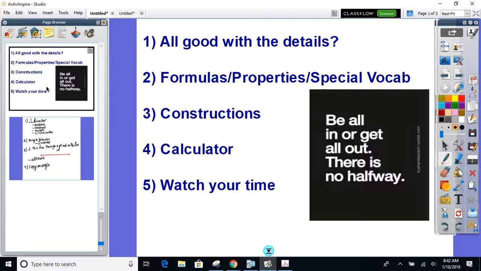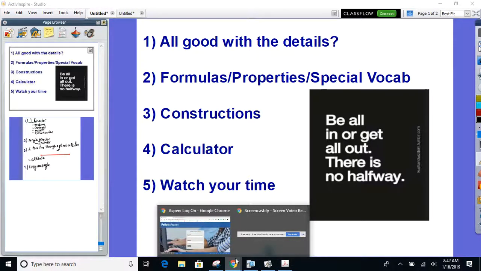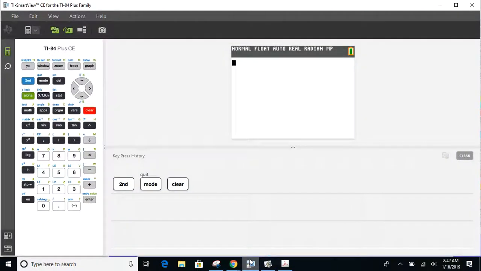Calculator, get them out if you don't have them out already. Here we go. Okay, I give the instructions. Go ahead, everybody. Please clear your calculator. Where are you guys going?